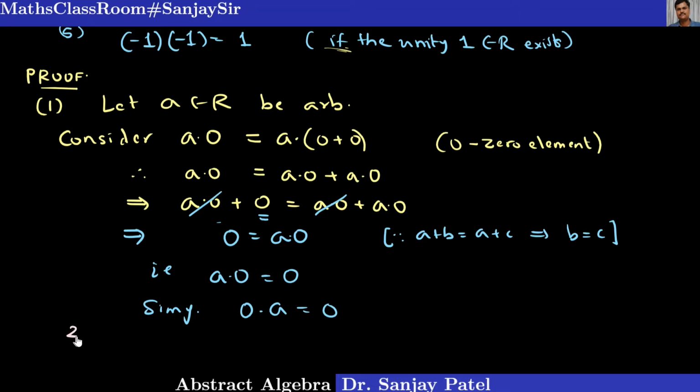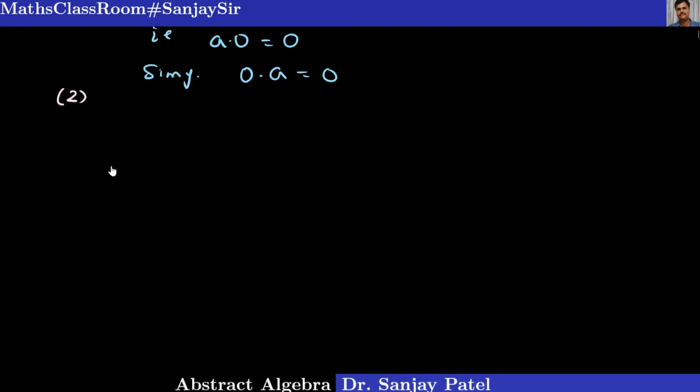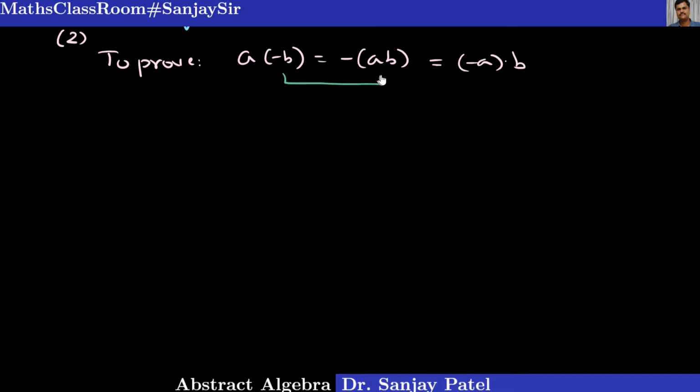Now the second result. What is the second result? For any two elements A and B, we want to prove that A into minus B is equal to minus AB is equal to minus A into B. So I will prove first that A into minus B is equal to minus AB.